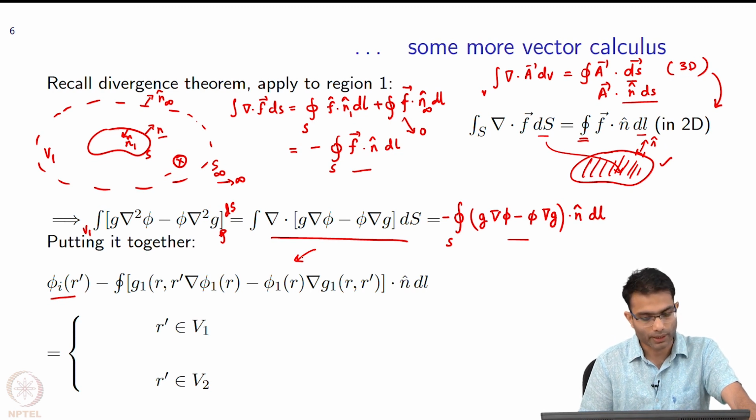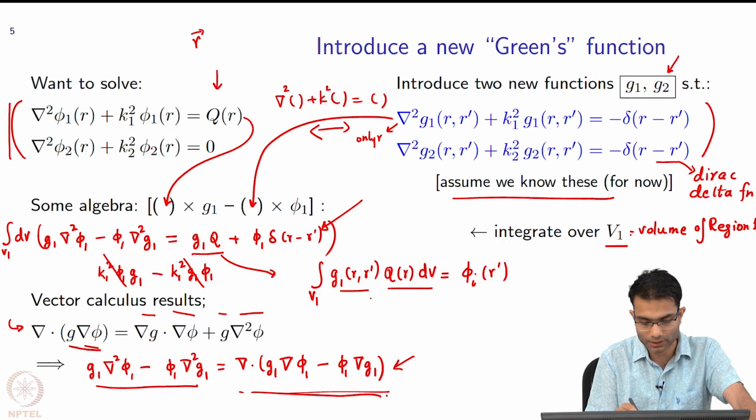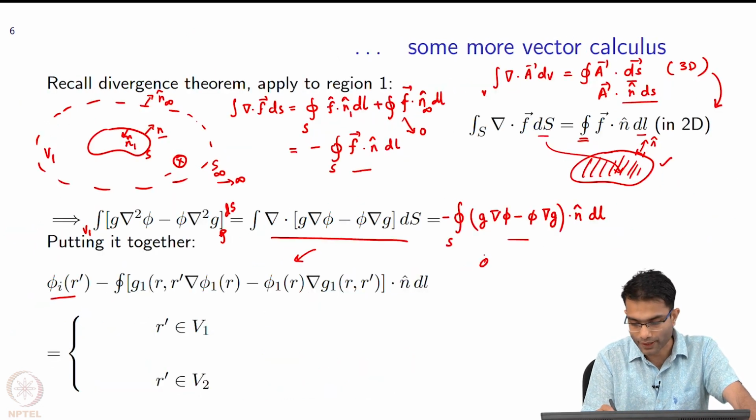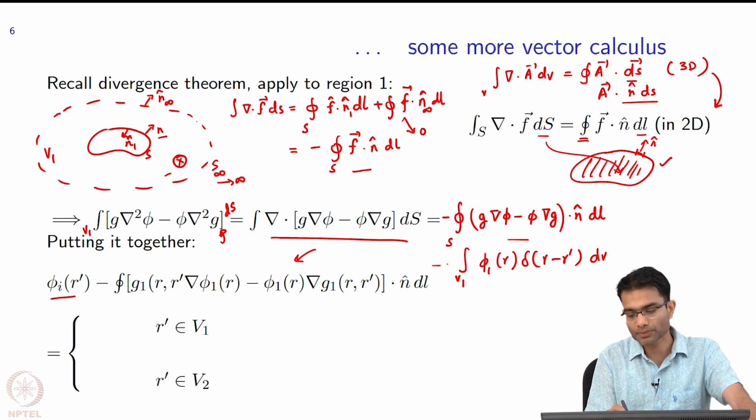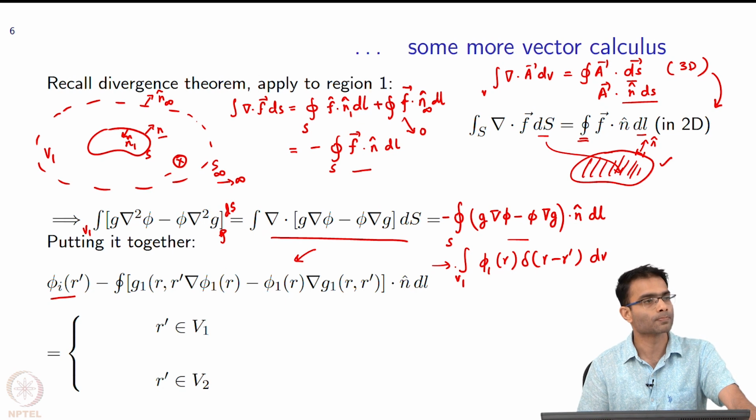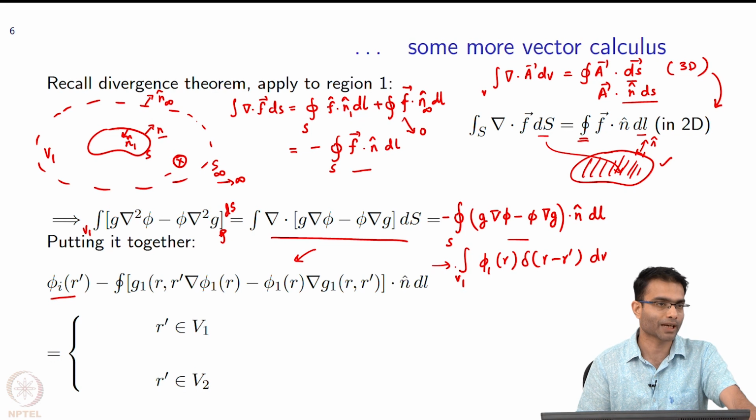What is left was this final term over here, that is phi 1 of r delta of r minus r' dV, integral over V1. So, what will the value of this function be? I have a delta function, it is multiplying by another function and I am integrating. So, phi 1 of r', right, that is almost correct.